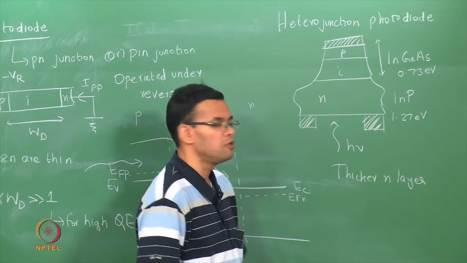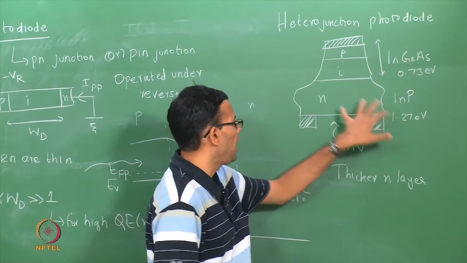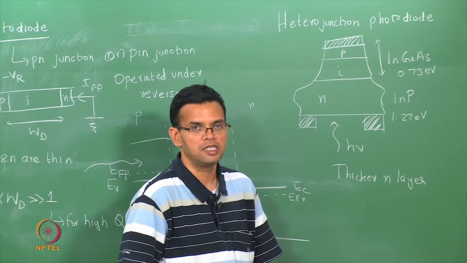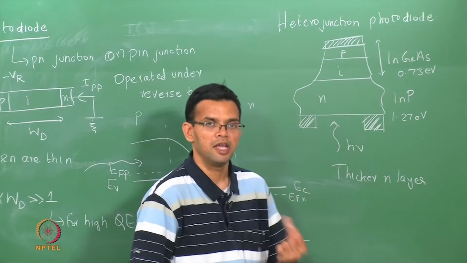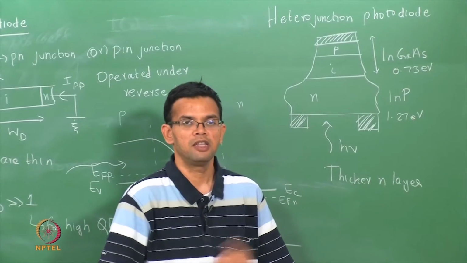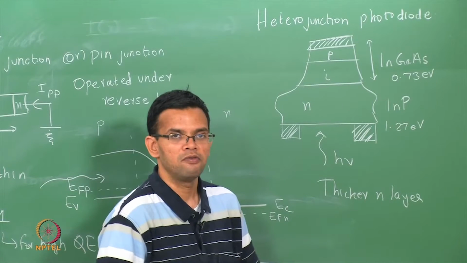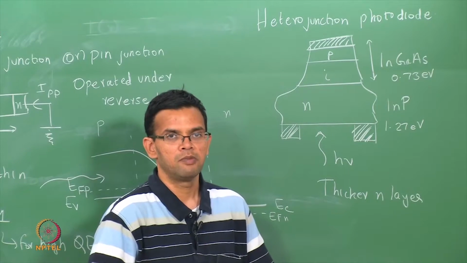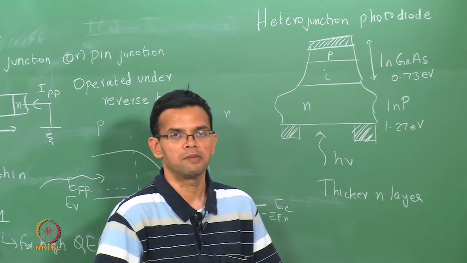For example, if you do not want to look at wavelength above 1.27, by having a thick N region, those wavelengths or those energies can be absorbed, so that only wavelength of a certain range can be detected by the photodetector. So, the heterojunction photodiode works on the same principle as a regular PN or a PIN, but offers added functionality because of the difference in the band gaps.